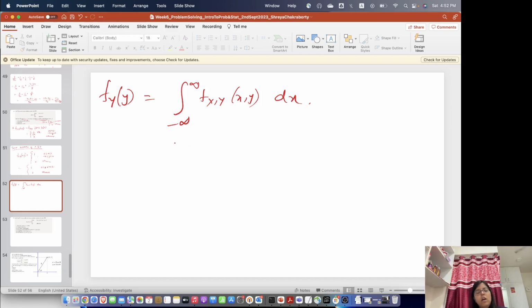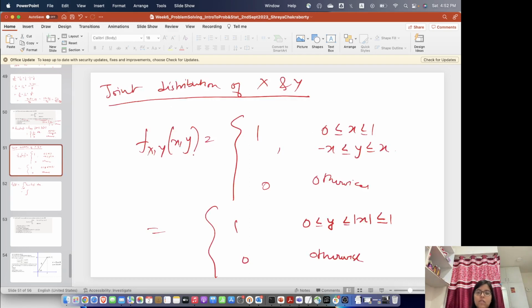Alright, so this one we can write as, so the range was what? Sorry, this is 0 less than mod y less than or equal to x, because mod y less than or equal to a implies minus a less than or equal to y less than or equal to a.